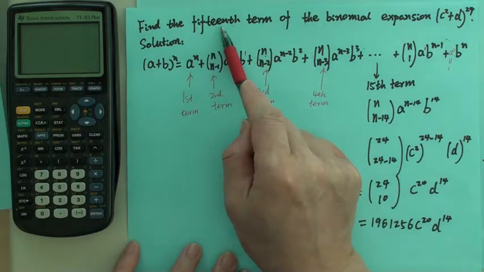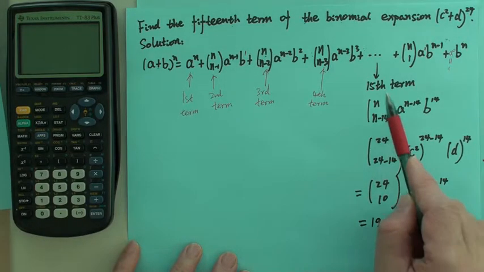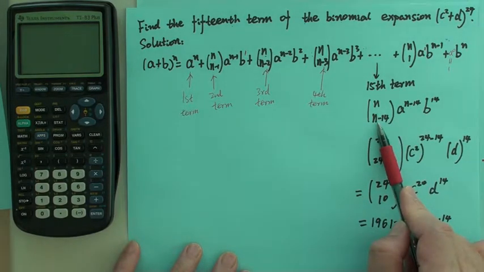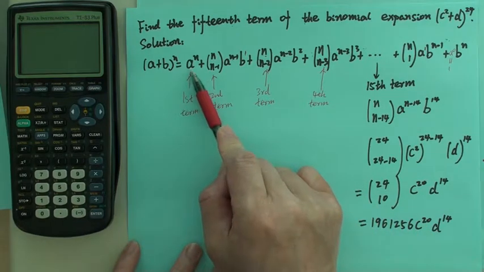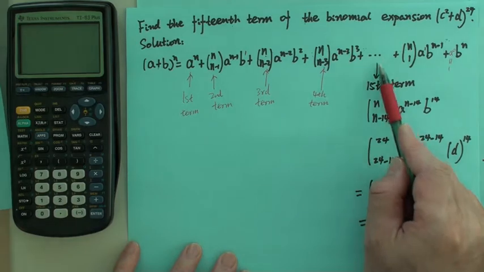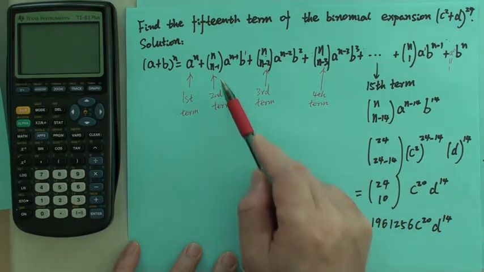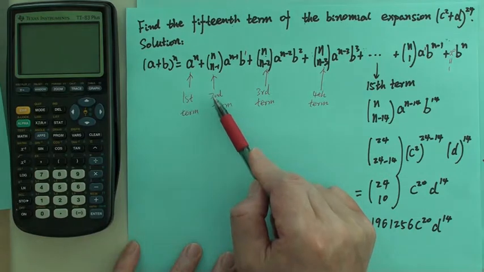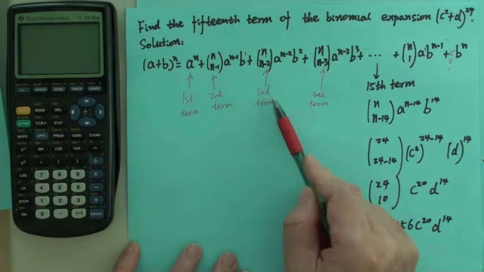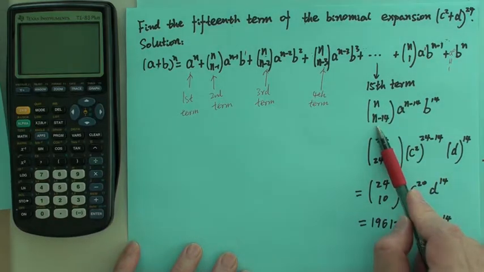So for the 15th term, it should be n minus 14, because n minus 1 is already the second term, minus 2 is the third, then minus 14 will be the 15th term. That's important.